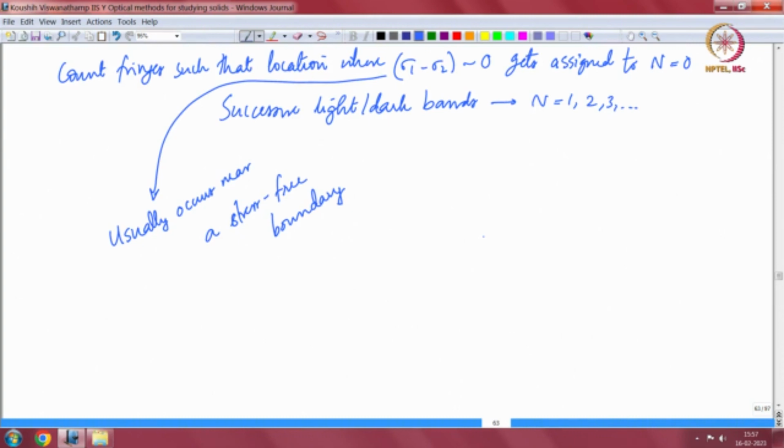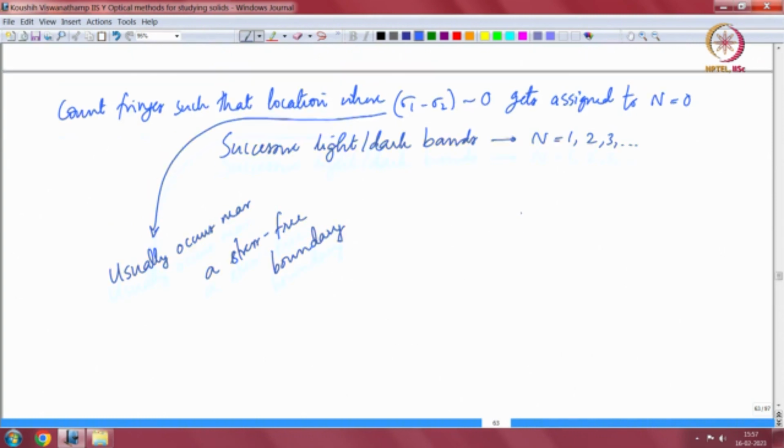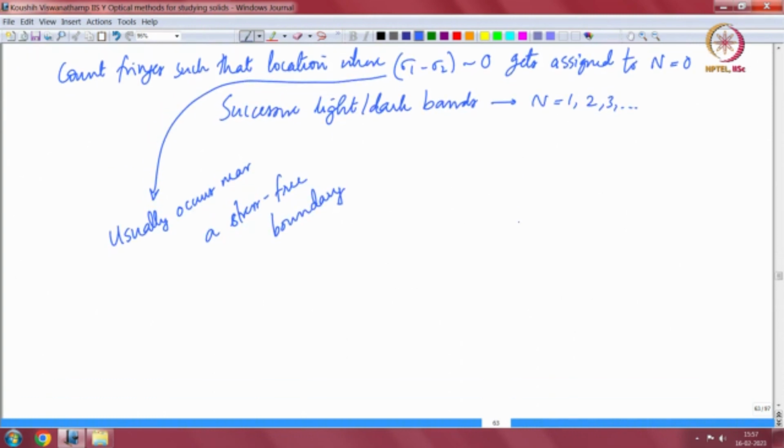So, that sort of summarizes all 4 steps. If you know how to count the fringes coming from outside, it summarizes the entire sequence of steps you have to do to get a stress field. Remember, you are only calculating sigma 1 minus sigma 2.